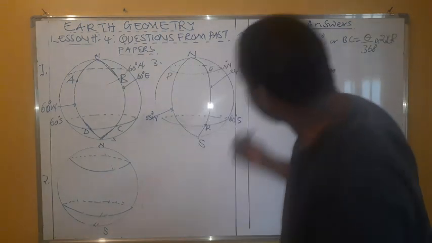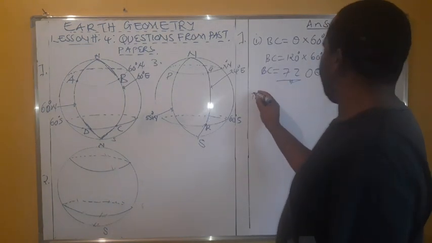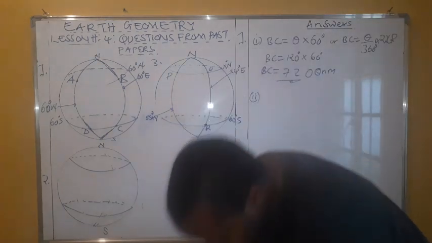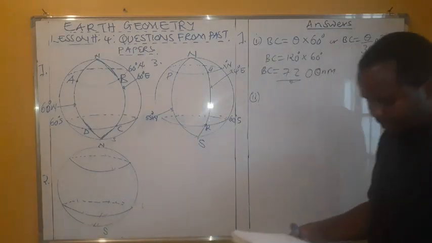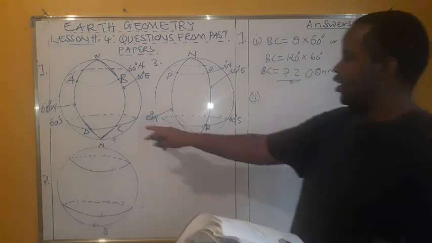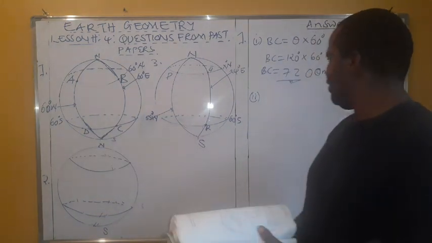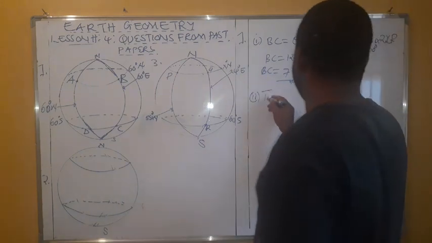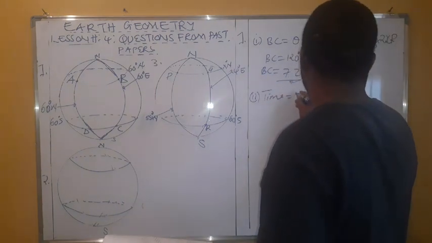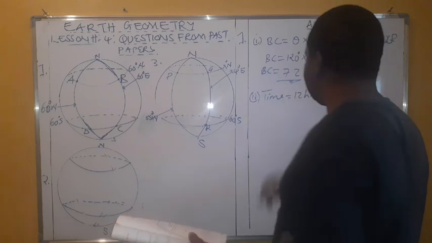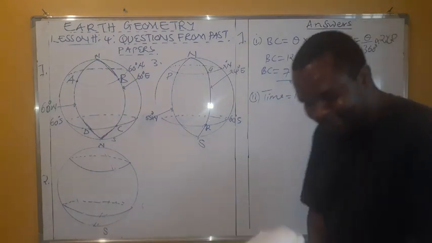Then Roman numeral 2. I hope you're able to follow. We are saying a ship sails from C to D in 12 hours. So time is equal to 12 hours.